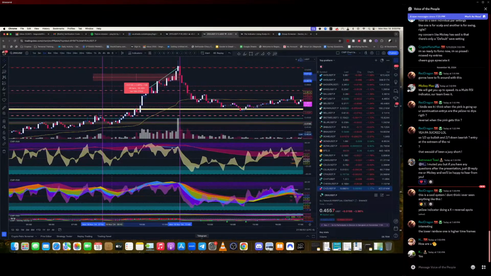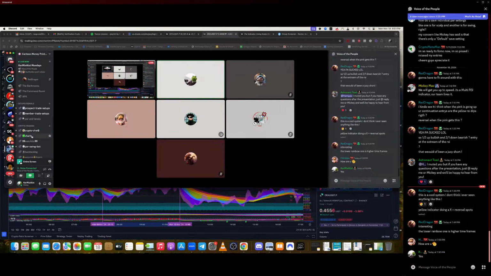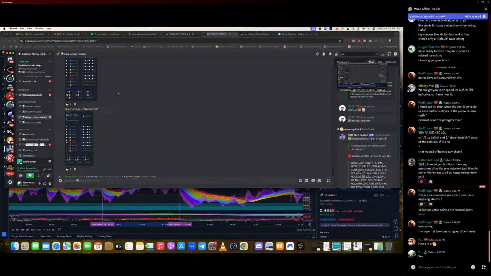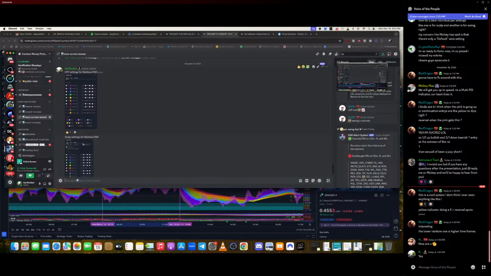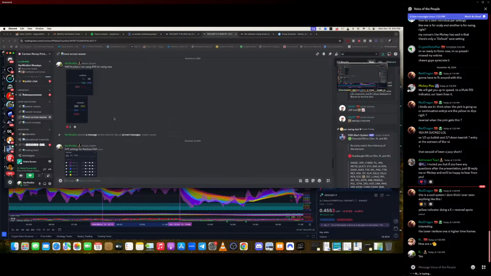And let me show you. There's the standard setup too. If you go over here on the left, and you go to the par channel, right here, it's the price action reader. If you go in there, and you go to the pin, so this is kind of the rainbow ribbons that I'm using now.